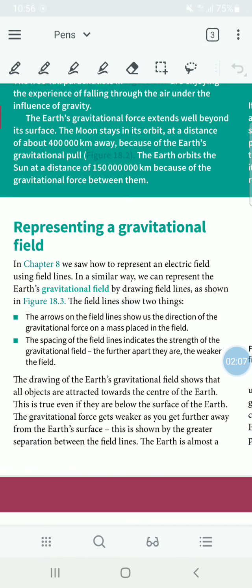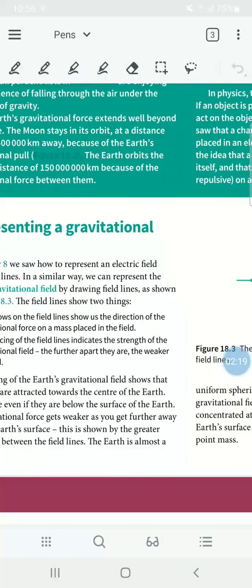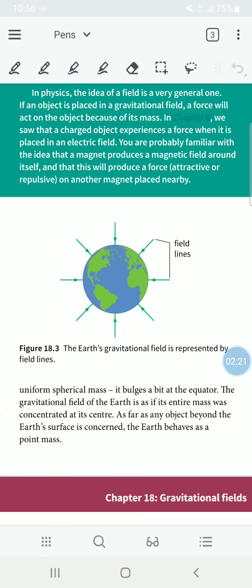Now, the arrows on the field lines show the direction of the gravitational force on a mass placed in the field. The spacing of the field lines indicates the strength of the gravitational field. The further apart they are, the weaker the field. As you can see here, close to the Earth's surface, the gravitational field lines are quite close to one another.